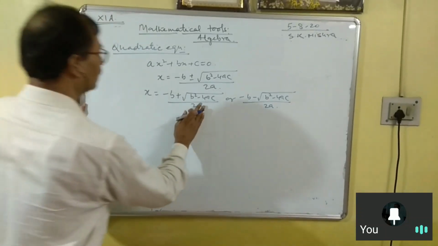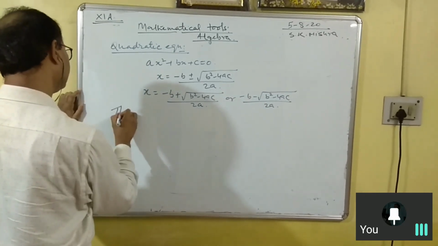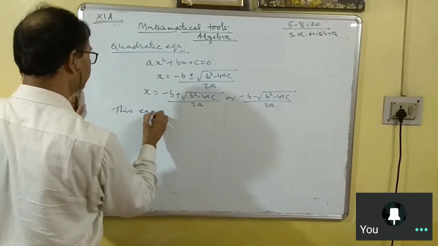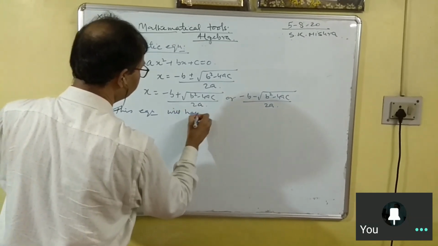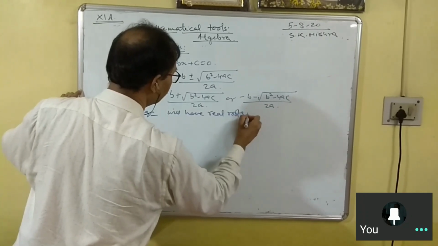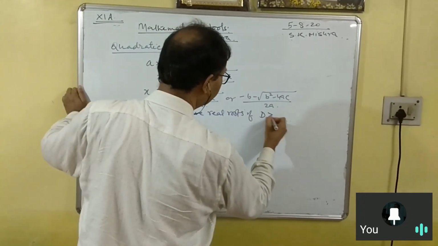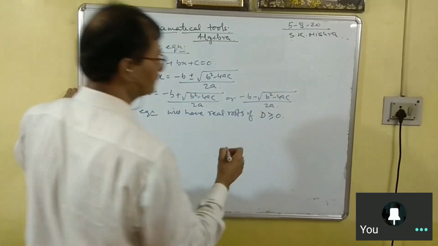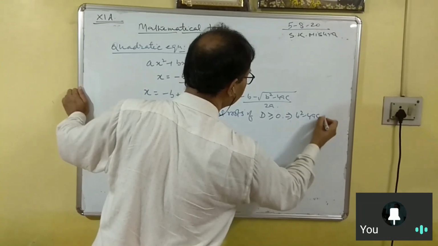So this quadratic equation will have real roots if the discriminant D, meaning b square minus 4ac, is greater than or equal to 0.